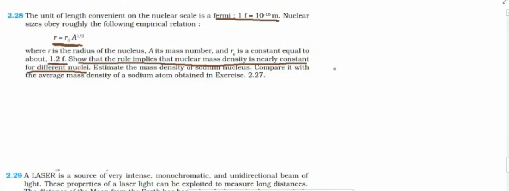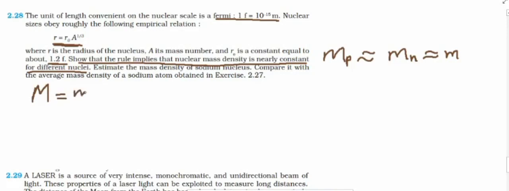First of all, we assume that the mass of protons is approximately equal to the mass of neutrons, which we can take as m. Then the total mass of the nucleus is m into A. A is the mass number, the total number of protons and neutrons. Each nucleon has mass m and the number of nucleons is A, so the total mass of the nucleus is m into A.